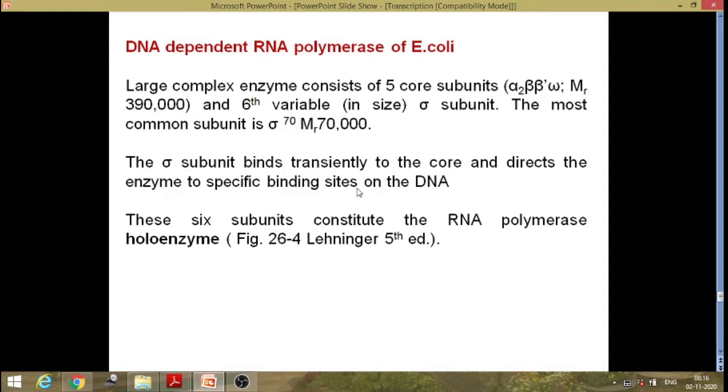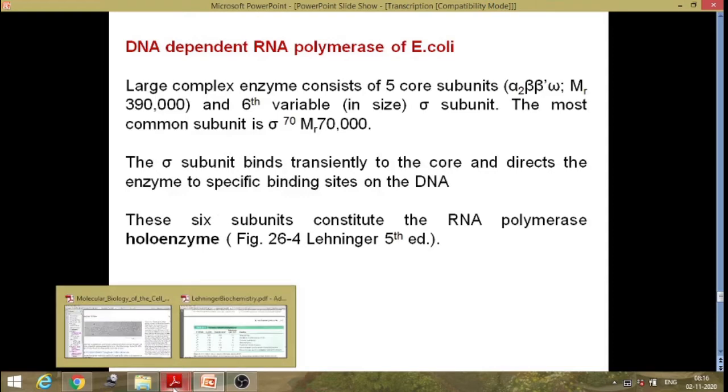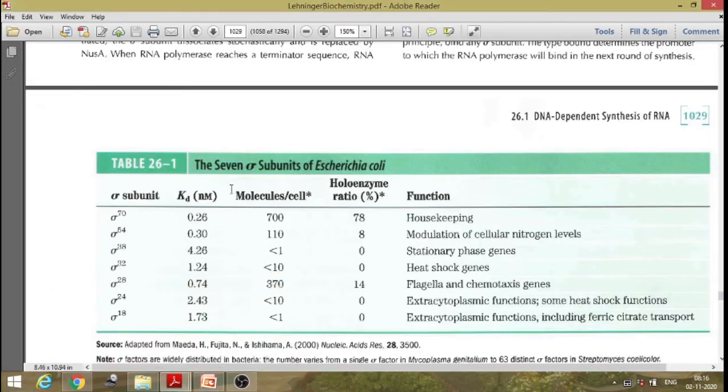Let's have a look at this table, which shows the 7 sigma subunits of E. coli. These are sigma 70, sigma 54, sigma 38, 32, 28, 24, 18, which are the molecular weights of the sigma subunits.